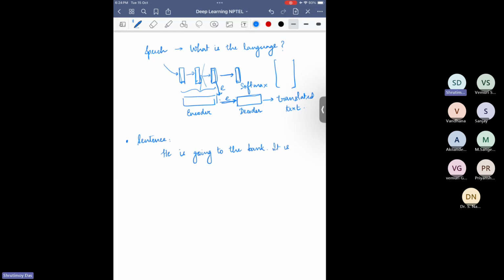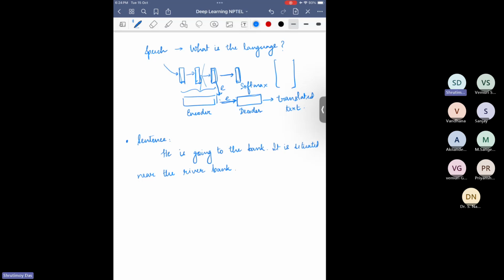It is situated near the river bank. So suppose I have some sentence like this.